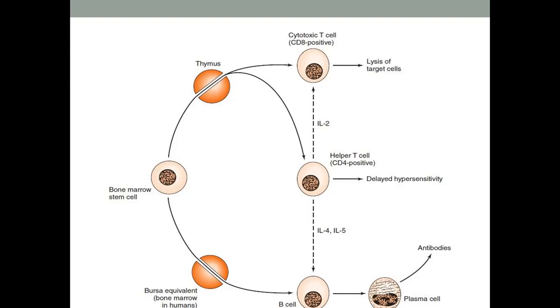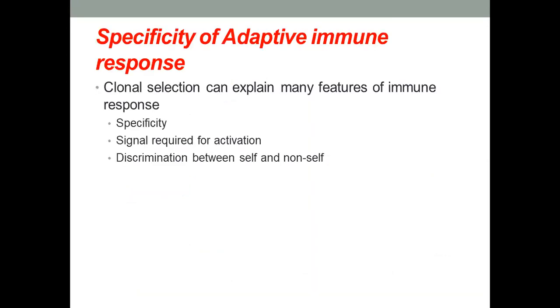We will discuss in detail the clonal selection of the T and B lymphocytes. Regarding the specificity of the adaptive immune response, clonal selection can explain many features of the immune response. What is clonal selection? It is which clone must be present in the circulation after the processing within the thymus and the bone marrow.